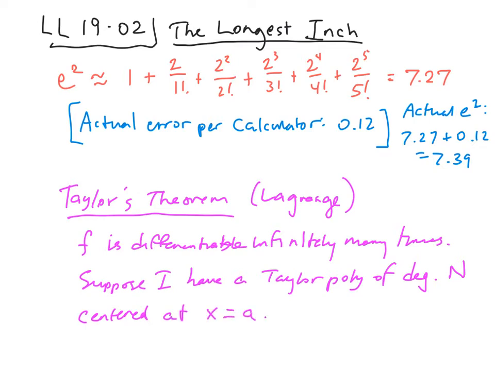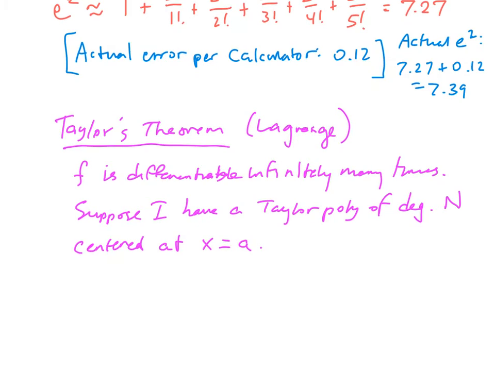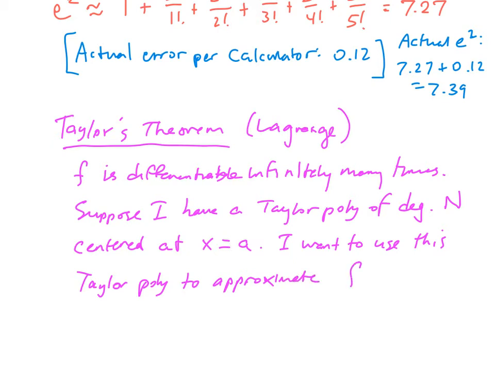Okay, so I'm going to give the general version of this, even though most of what we're going to do in this video and the next one are going to be centered at x equals 0. All right, so I got a Taylor polynomial of degree n centered at x equals a. And I want to use this Taylor polynomial to approximate f at x. So x is some specific input, okay?